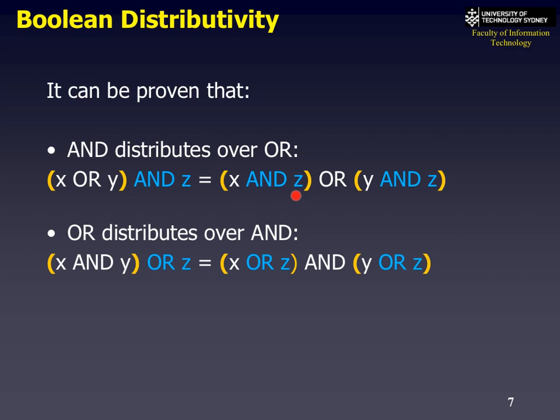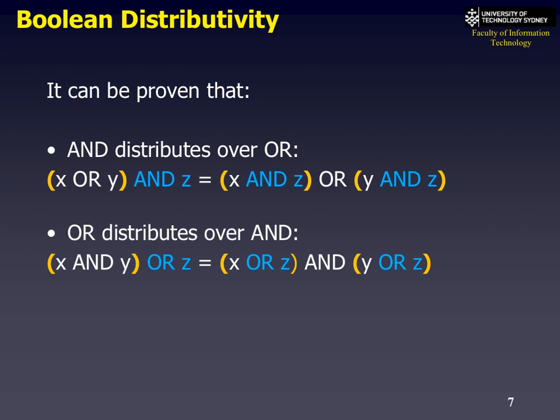So it becomes (x and z) or (y and z). Okay? The and z is distributed over each of the or statements. Same thing with or, it's the opposite way around. If we have an and of ors, we could do the same thing: (x and y) or z becomes (x or z) and (y or z). Okay? Keep that in mind.